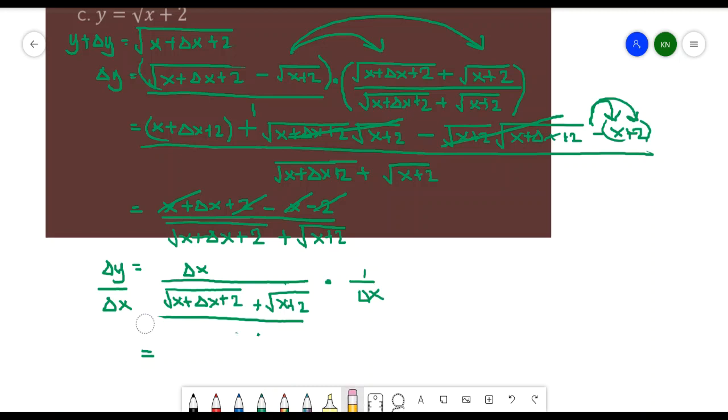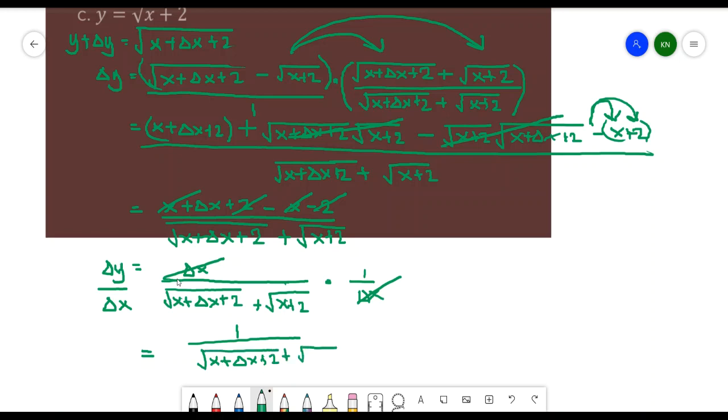So let's just remove this one in order for us to have no miscommunication or misunderstanding. So delta x and delta x, that's cancelled. So what we have is 1 over square root of x plus delta x plus 2 plus our square root of x plus 2.